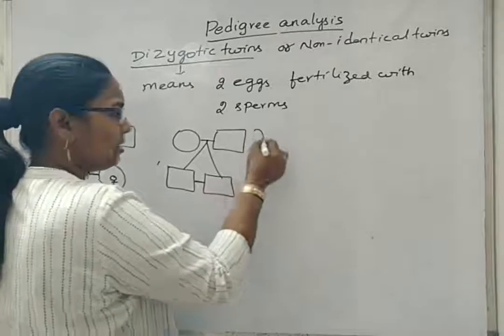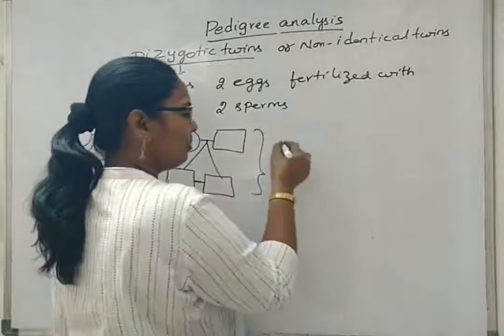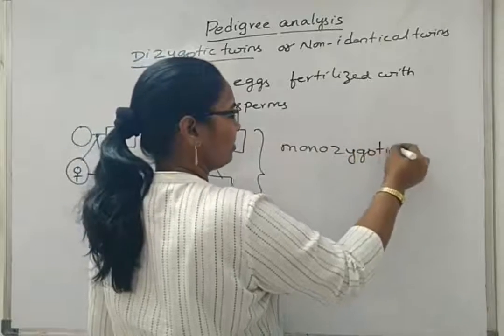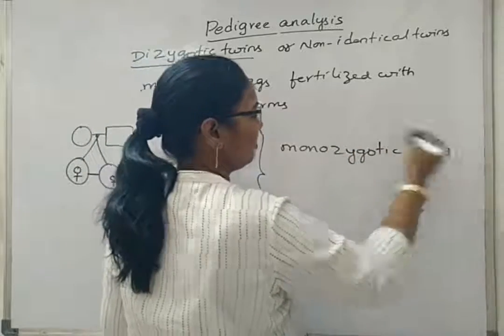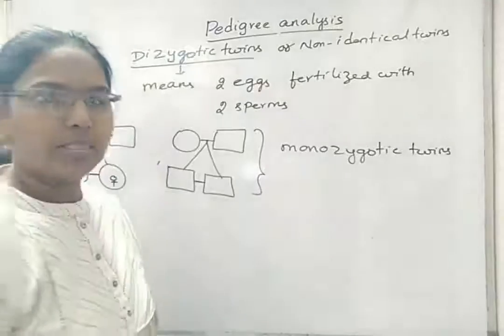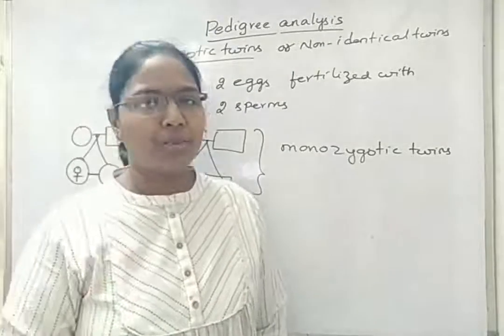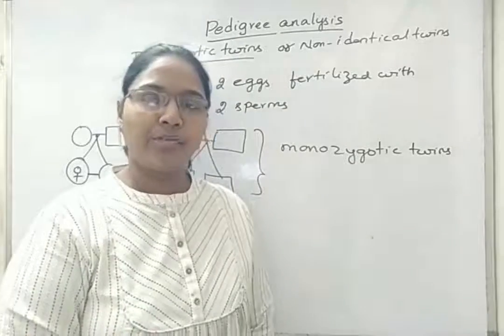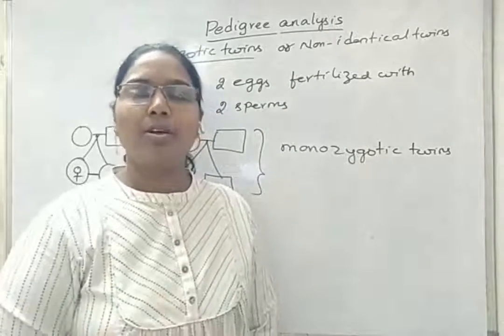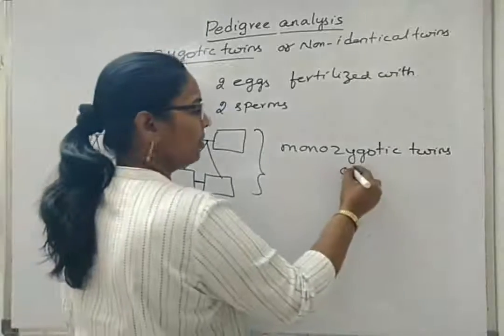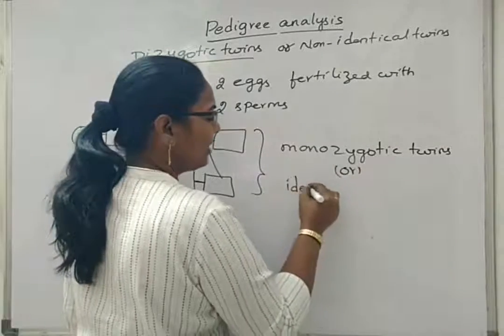It means the chart is explaining monozygotic twins. What is meant by monozygotic twins? It means that one egg is fertilized with one sperm, but after formation of the zygote, the zygote divides into two embryos. We also call it identical twins.